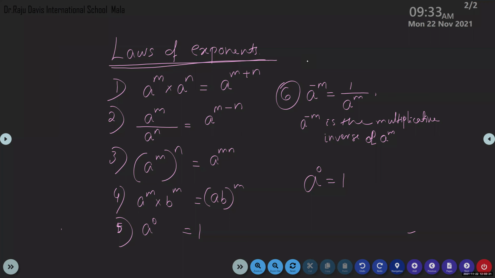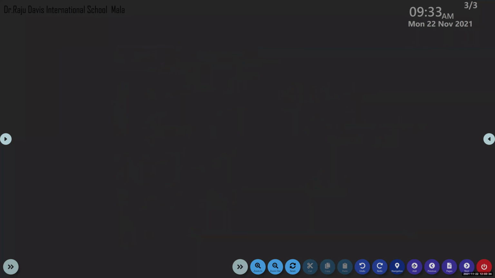Okay, children, let us start. Negative exponents, our last law, that is a raised to minus m equal to 1 by a raised to m.